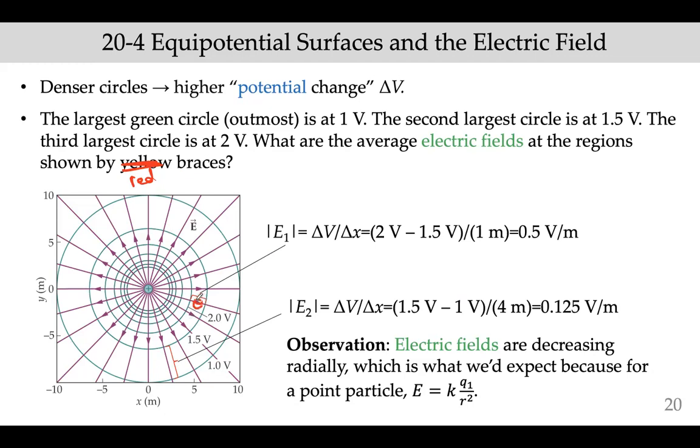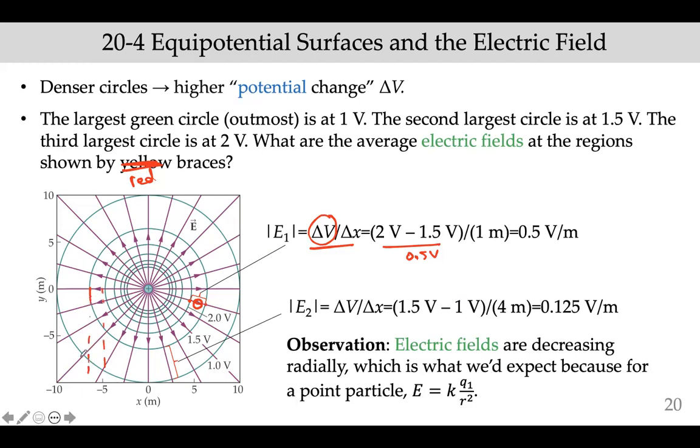Electric field in this region, we will use this formula that we learned previously. If you have a potential difference, in this case, this circle is at 1.5 volts and this circle is at 2 volts. So the difference is 0.5 volts. And the distance here is 1 meter.